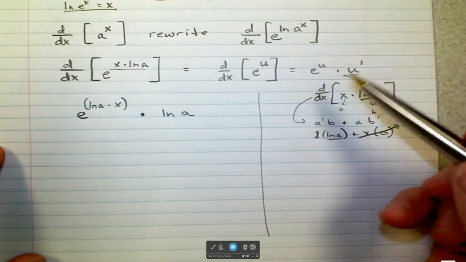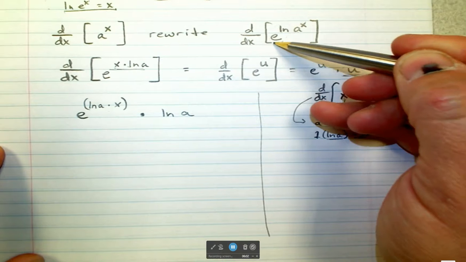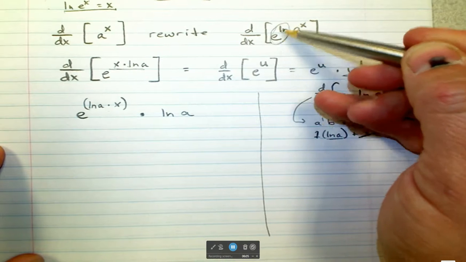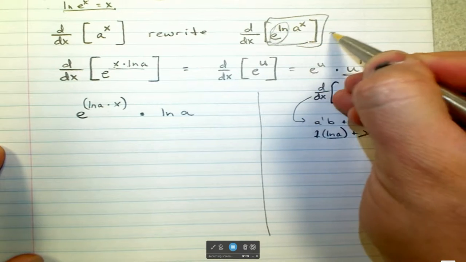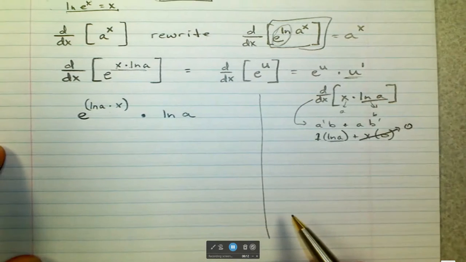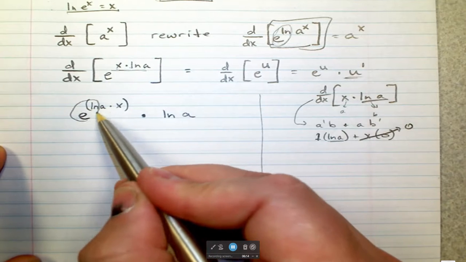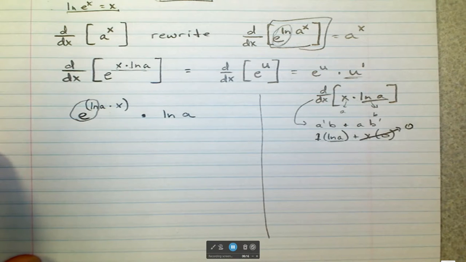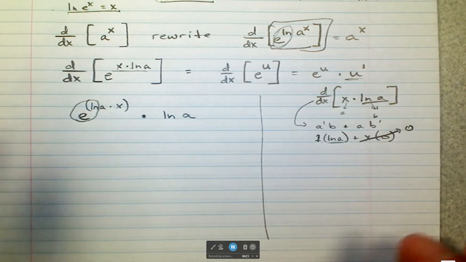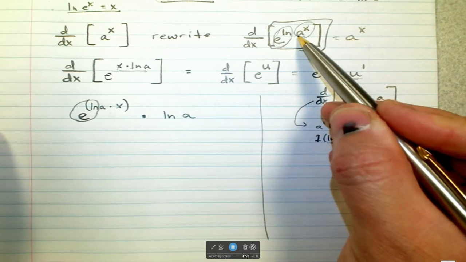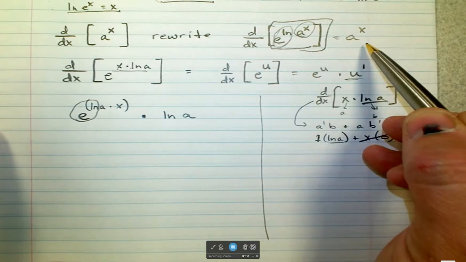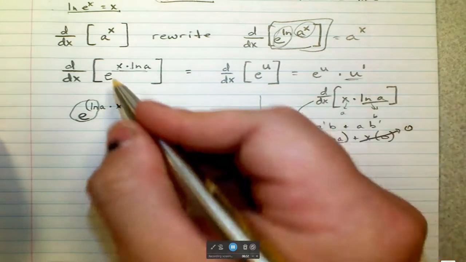Now, here's the fun part. Remember, e and ln is just 1. This whole quantity here is equal to a to the x. Let me back up. I rewrote this as x times natural log of a, so I'm going to move that back.